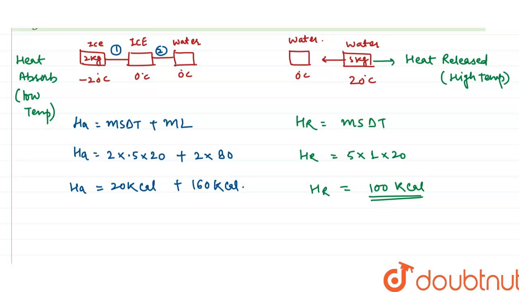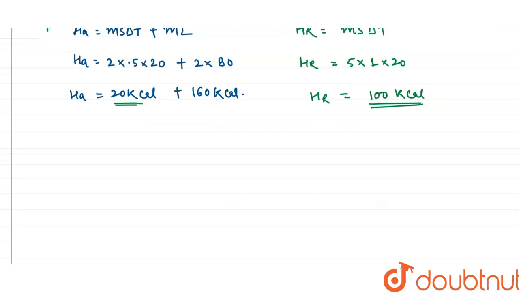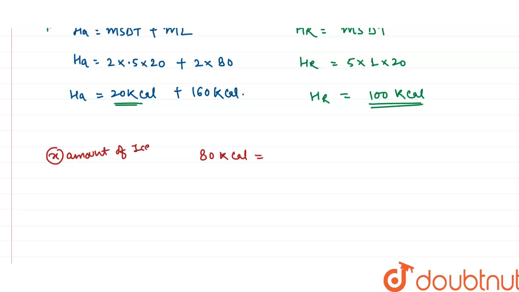Out of 100, 20 kilocalorie is absorbed by ice to raise its temperature to 0 degree centigrade. That means the remaining 80 kilocalorie is used to change the ice into water. Suppose x amount of ice is converted into water.